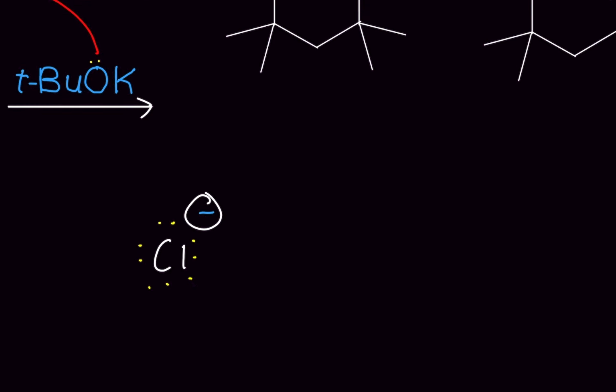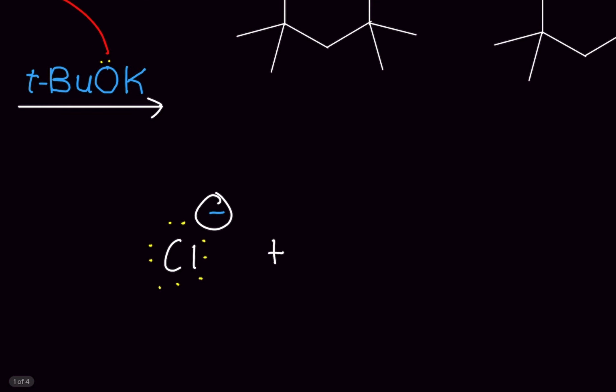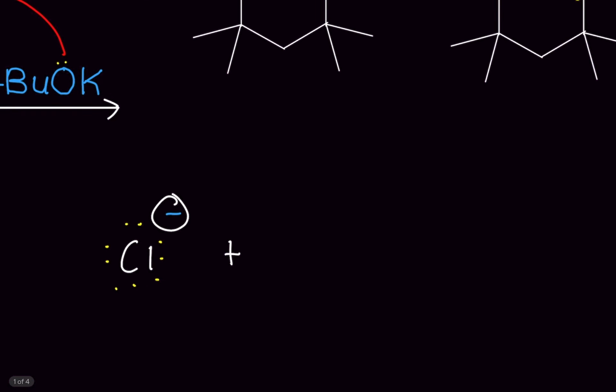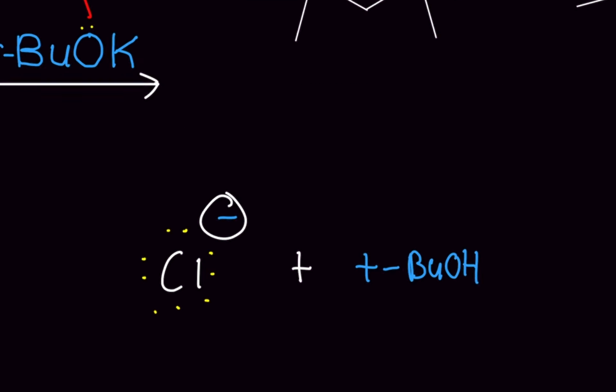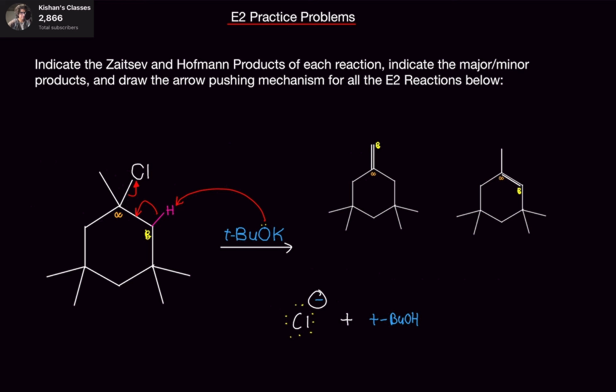Well, it becomes tert-butanol. So replace the K with an H. That's all you're doing. This is supposed to be a plus. Okay. So tert-butanol. Now the main question. Which one is the Hofmann product and which one's the Zaitsev product?